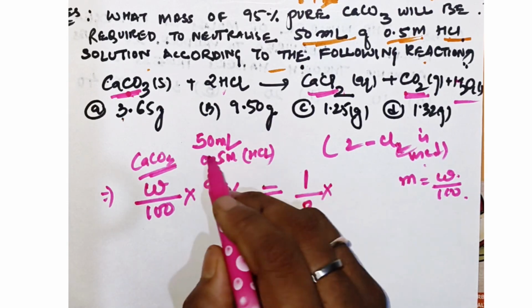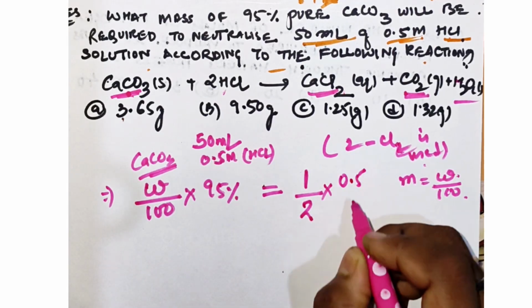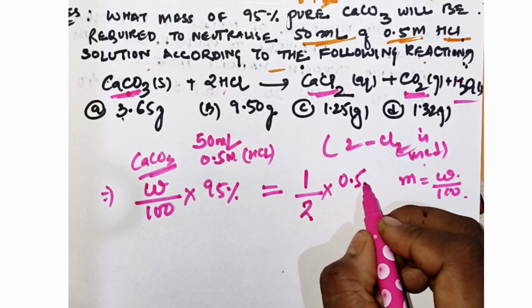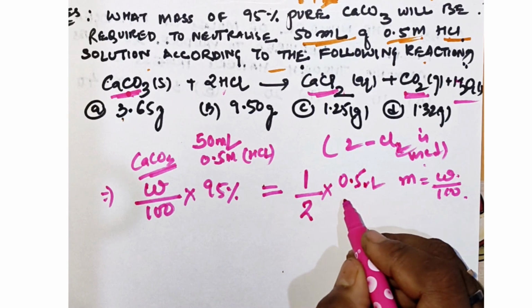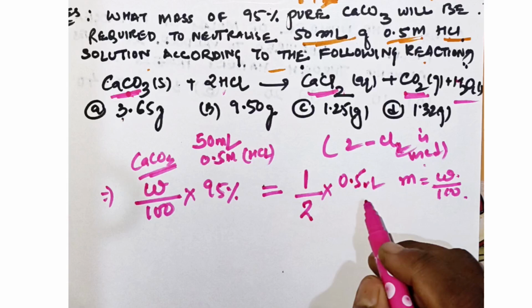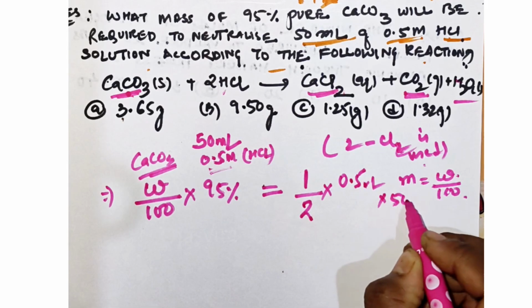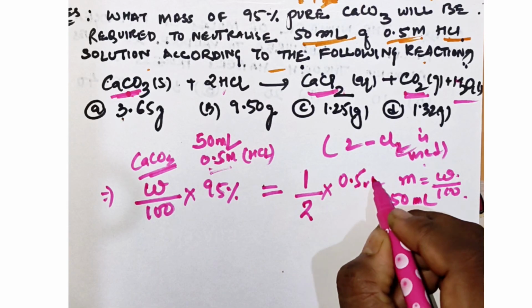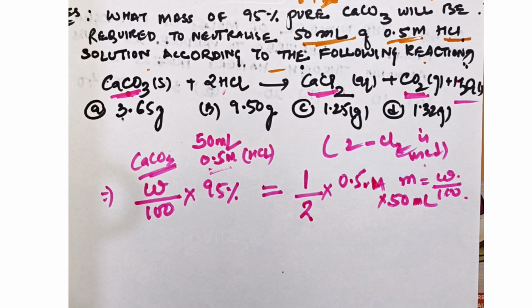And what is the molarity given to you? 0.5 molar, of 50 ml solution. Molarity of your 50 ml solution is given to you.